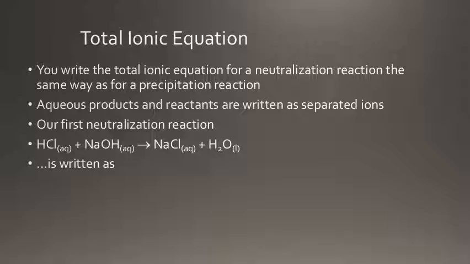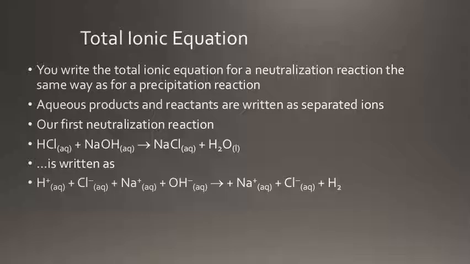We write this as H plus aqueous plus Cl minus aqueous plus sodium plus aqueous plus OH minus aqueous, there's our reactants, going to Na plus aqueous plus Cl minus aqueous plus water. Water is together, liquid, as a single molecule.